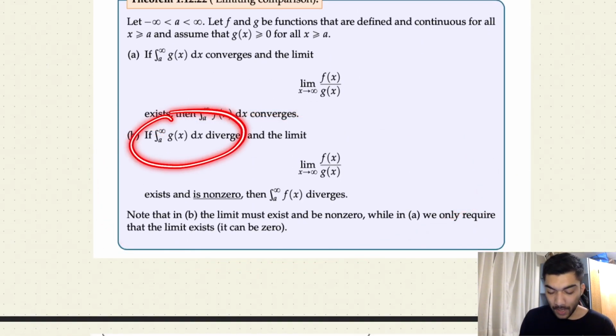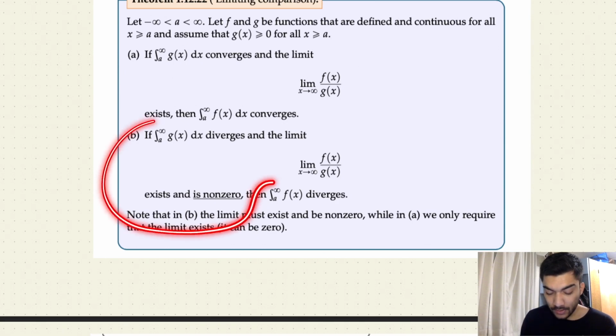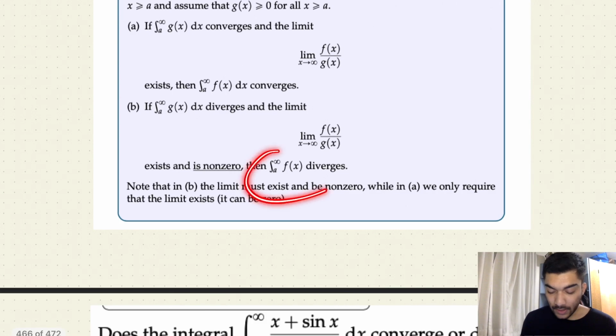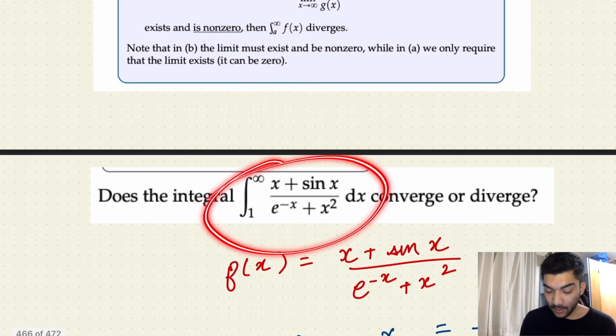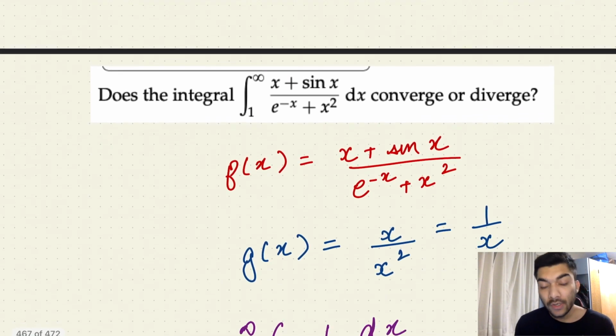So now based on case 2, we know that our g of x dx integral diverges, and also this limit is equal to 1, which means that it exists, and also 1 is not equal to 0, so our limit is non-zero as well. So since we satisfy all of these conditions for our part B, we can clearly state that this integral over here also diverges.